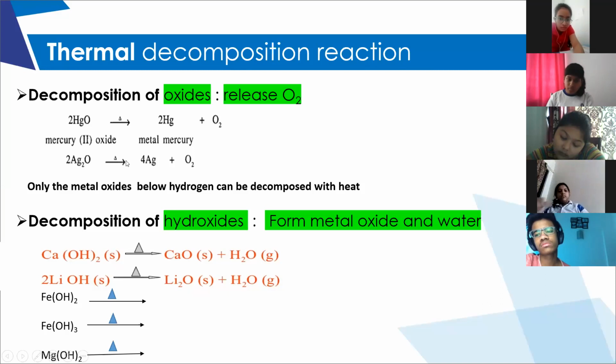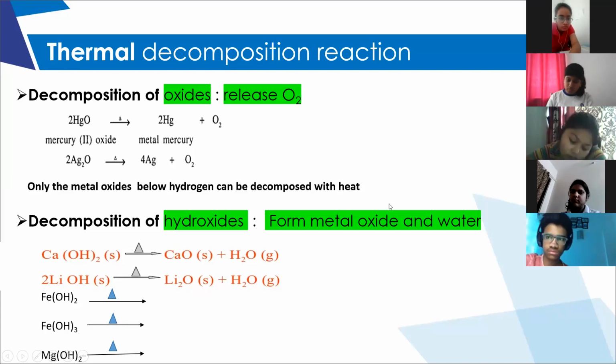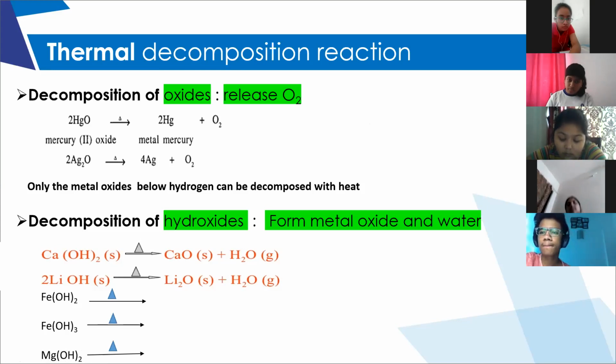Now, among all the metals, only mercury and silver, only these two metallic oxides can be decomposed using heat. Whereas other metallic oxides decompose to give metal and oxygen, but by different methods like electrolytic decomposition and photochemical decomposition.